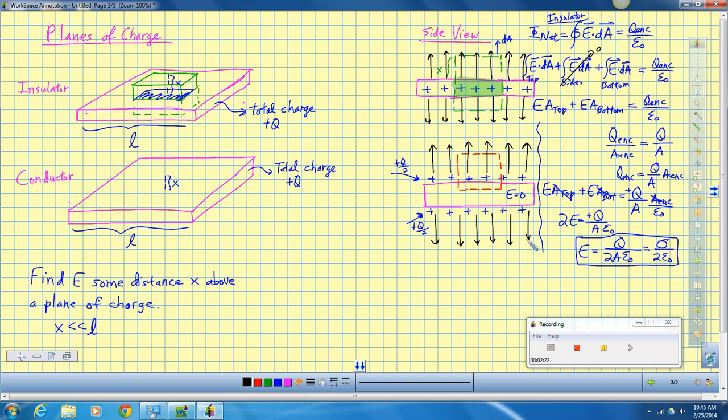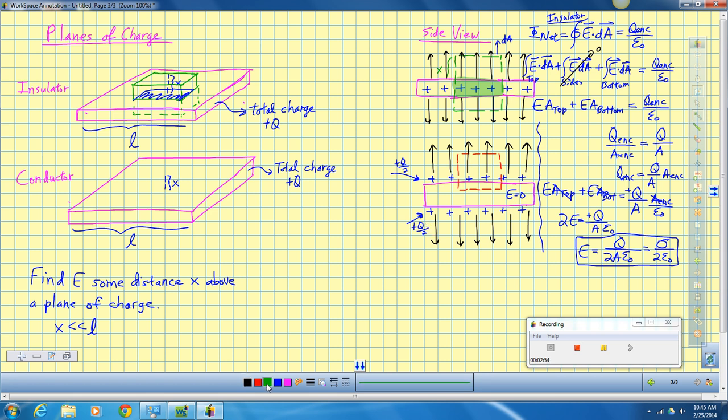And really important about Gauss's law, remember that Gauss's law is all about the electric field due to all charges, not just those enclosed. So even though the net flux depends on charge enclosed, the field that we calculate is due to all charges. So when we calculate the electric field by looking at the flux through this surface, it's the field, let's say up here, that's due not only to these charges or the portion of these charges that are enclosed, but all these charges across the top and all the charges on the bottom. And again, that's going to make more sense as we keep doing this.